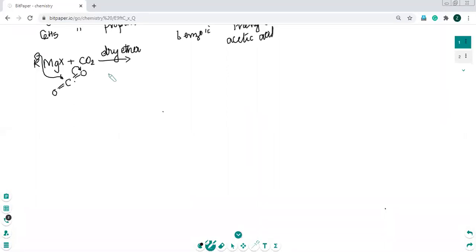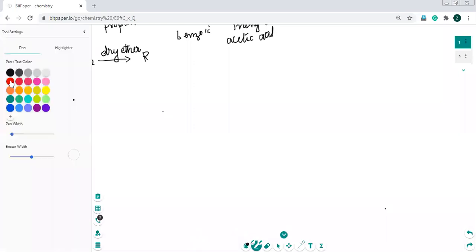Now what will you get? Before I write, please try writing the mechanism by yourself. So we have R forming a bond with this carbon. It is a new carbon-carbon bond.